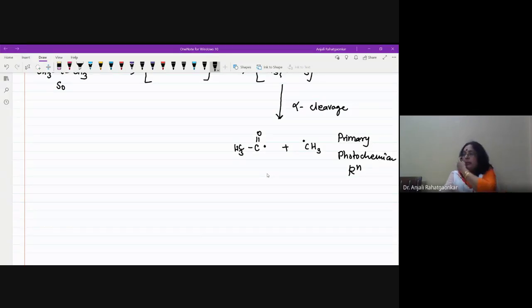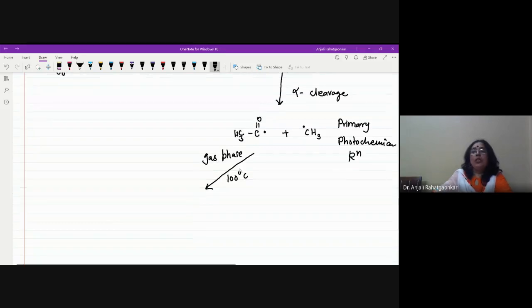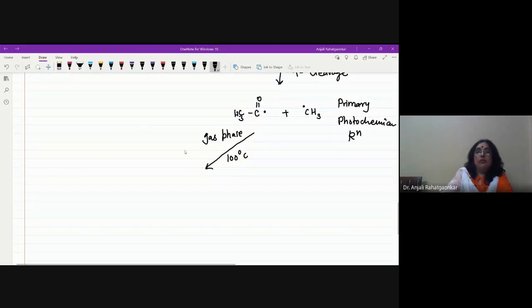The first: if my reactants are in a gas phase, and I'm applying 100 degrees Celsius, what is the condition I'm getting over here? That is the decarboxylation, right?